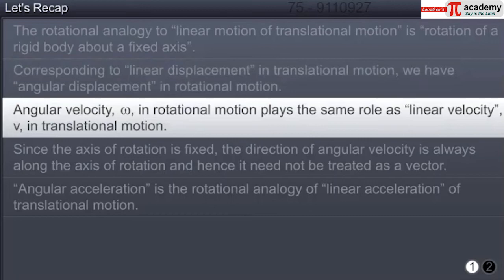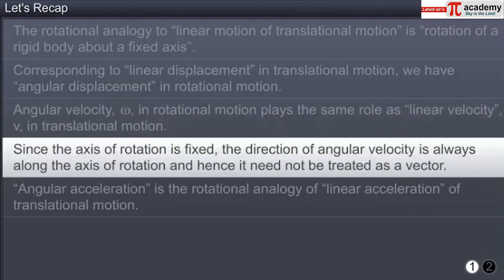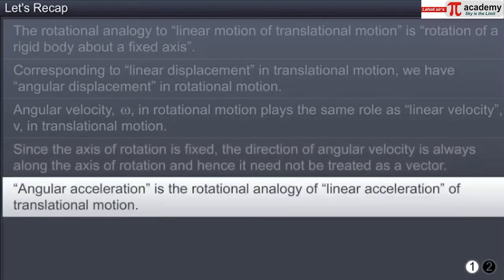Angular velocity omega in rotational motion plays the same role as linear velocity v in translational motion. Since the axis of rotation is fixed, the direction of angular velocity is always along the axis of rotation, and hence it need not be treated as a vector.